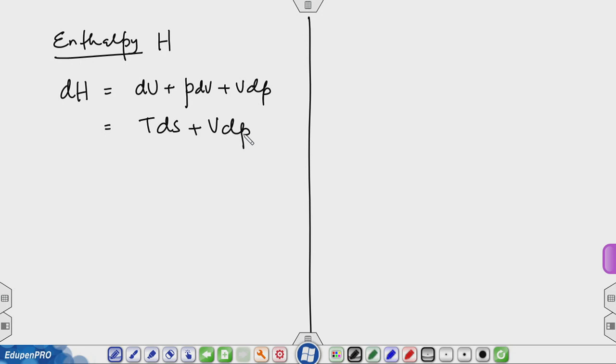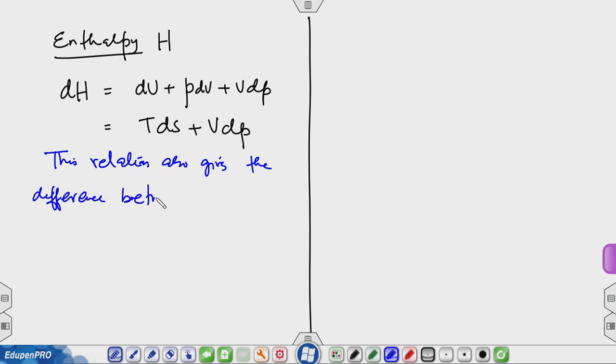Again a comment: this relation also gives the difference between state functions.